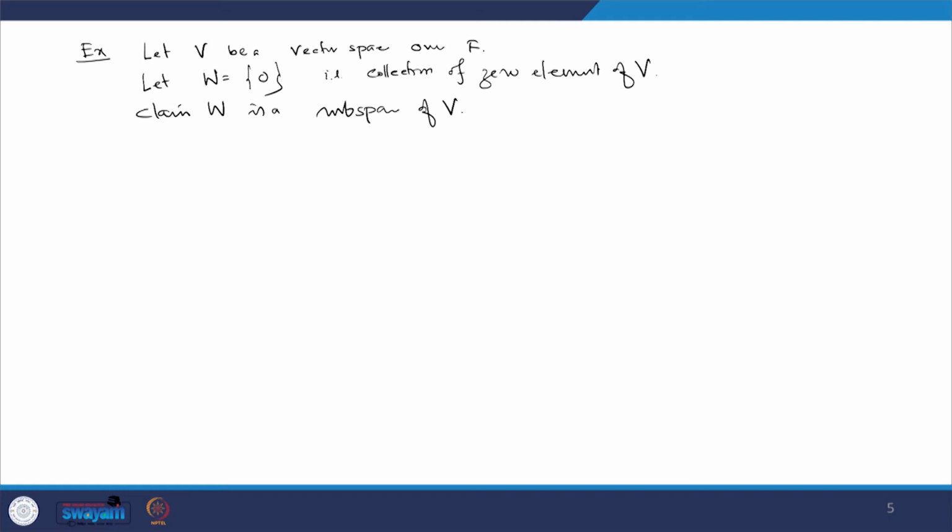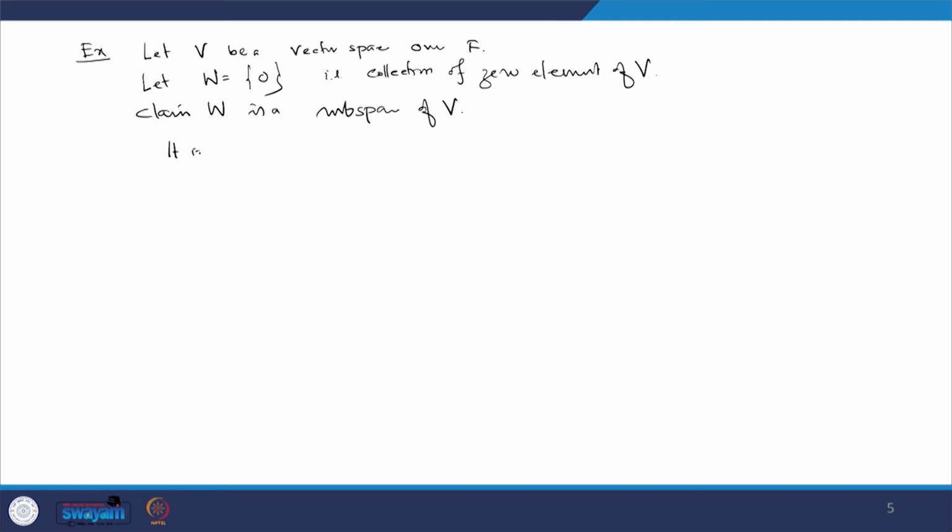Since W contains only the singleton element 0, the 0 element of the vector space V, for any scalar c, c*0 + 0 equals c*0, which is again the 0 element. Therefore, W is a subspace of the vector space V.